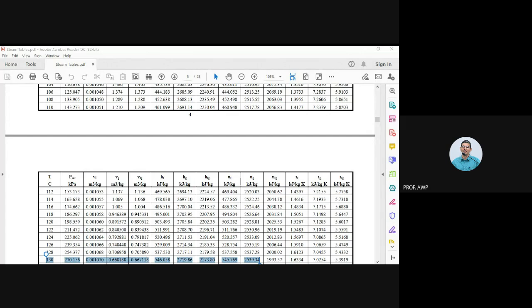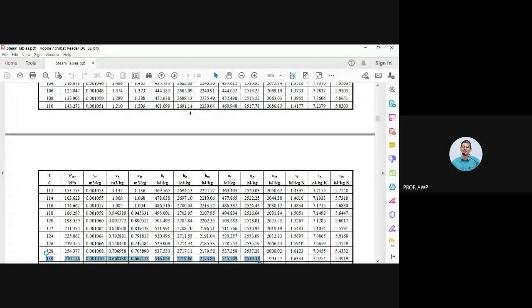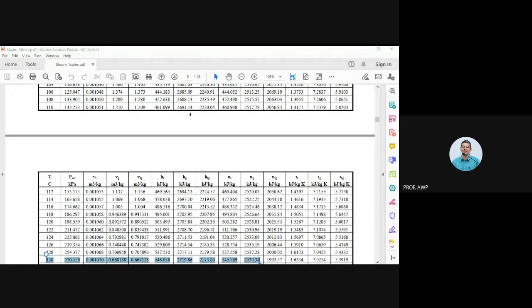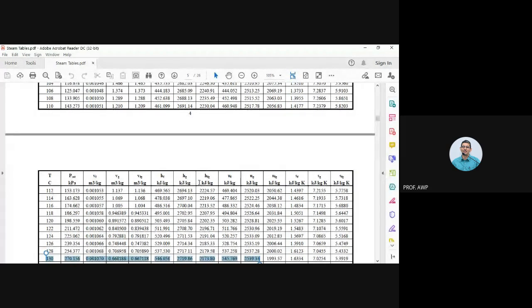Look at the units. And stream 4 enthalpy, let's look at the steam table, is 2719.86 kilojoules per kg. Look at the units, it is kilojoules per kg.